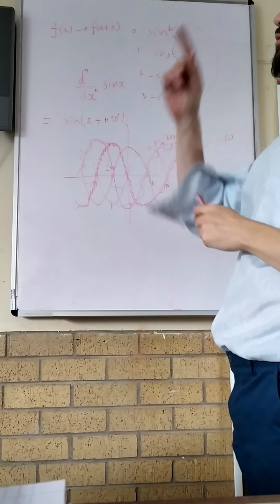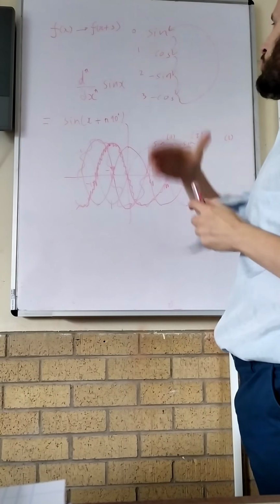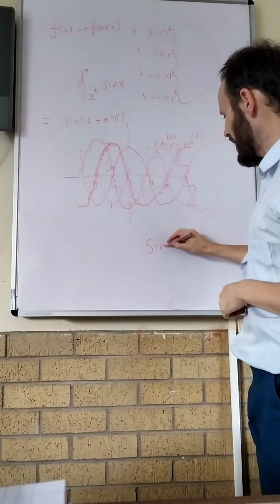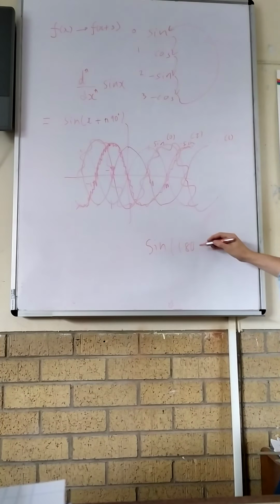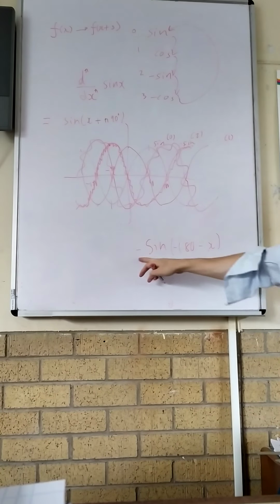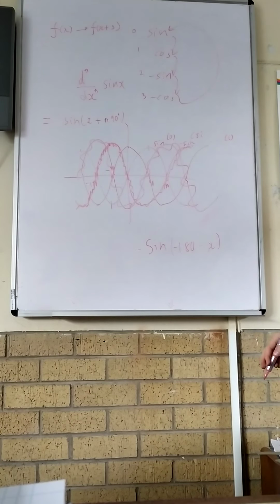But think of it this way. I hardly ever remember those identities. I just remember two and then I always fiddle with them to make them equal to the one I want. But sine of 180 plus x, well, we can make it a minus, you know you're allowed to do that, so we can put a minus there.